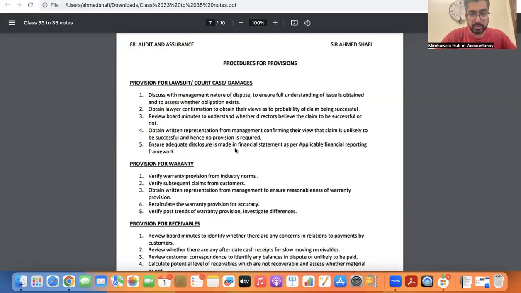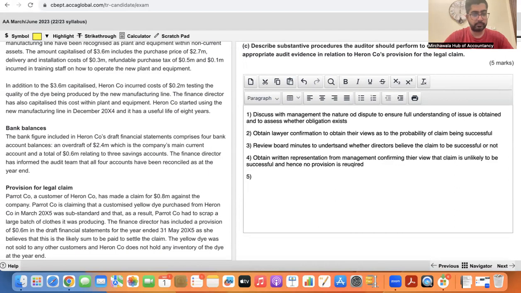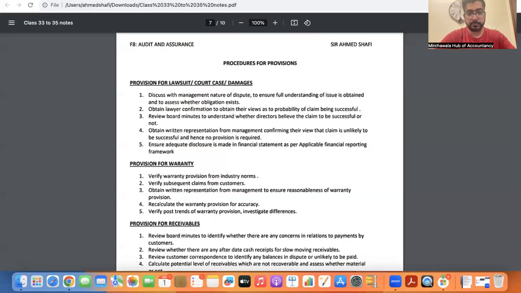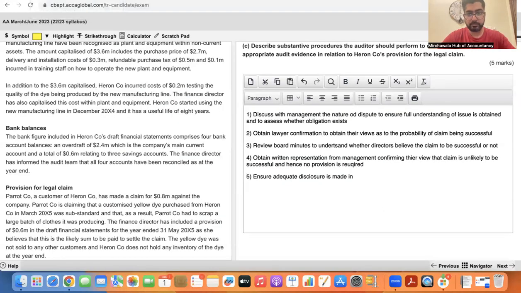Ensure adequate disclosure is made in financial statements as per applicable financial reporting framework, or provision as per IAS 37.